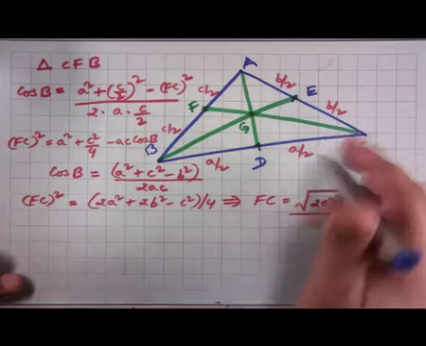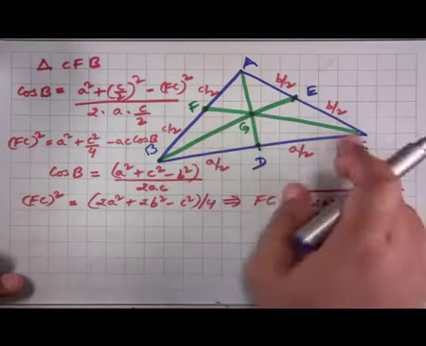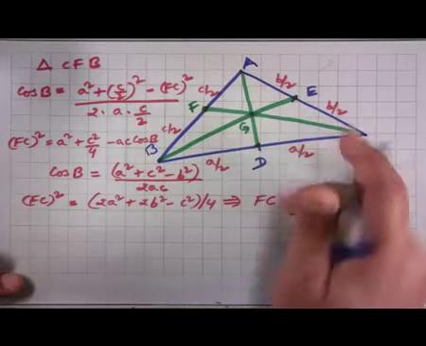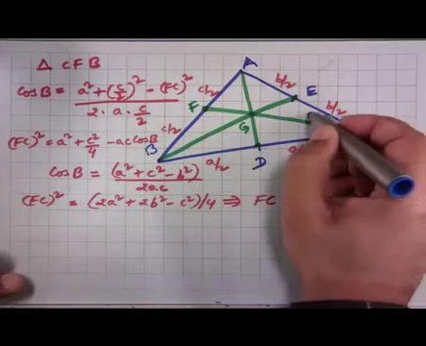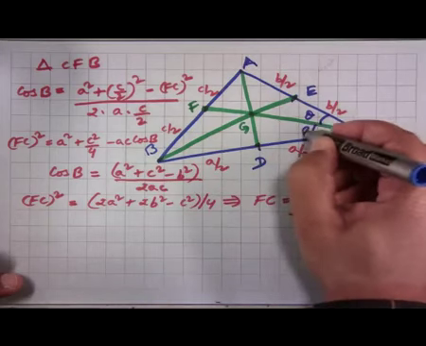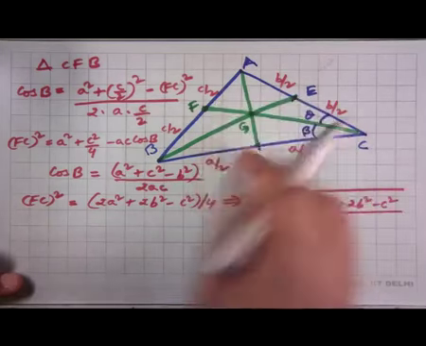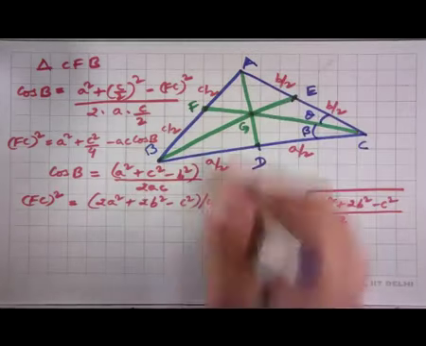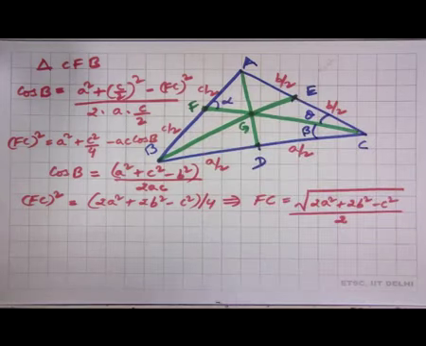The angle formed between the median FC and this side we denote by theta, this angle is beta, and the angle between FC and the side AB of the triangle ABC we denote by alpha.